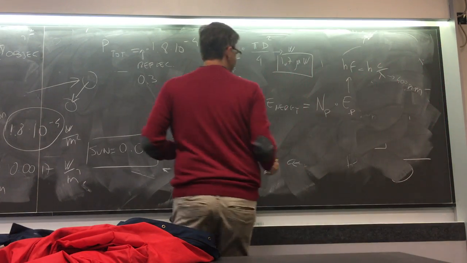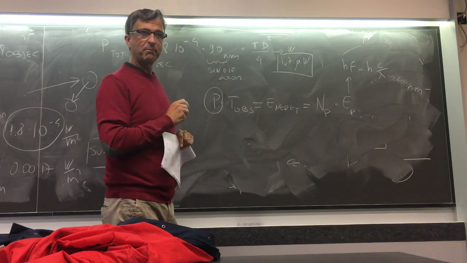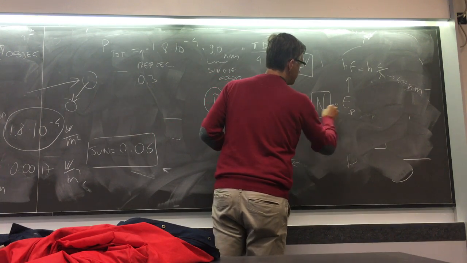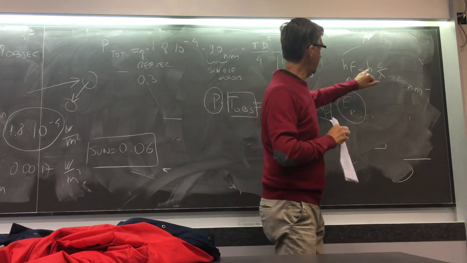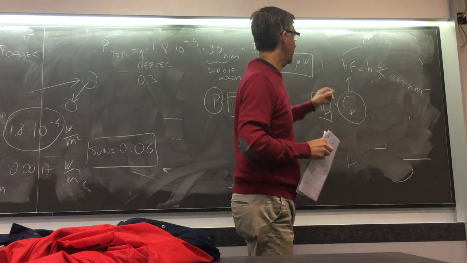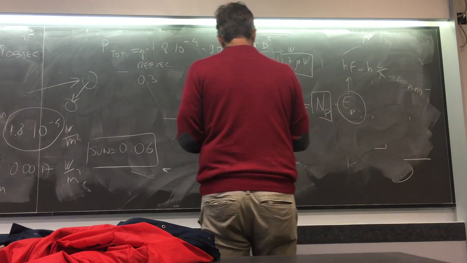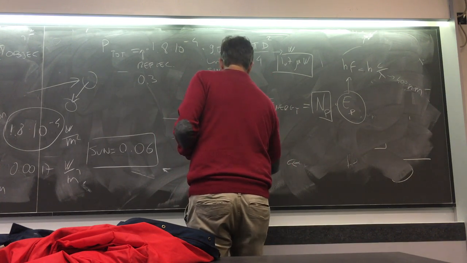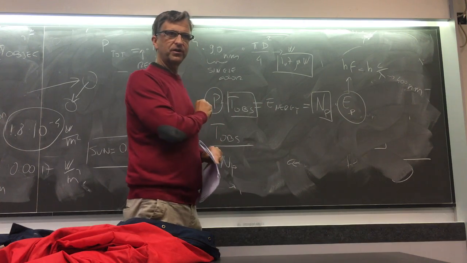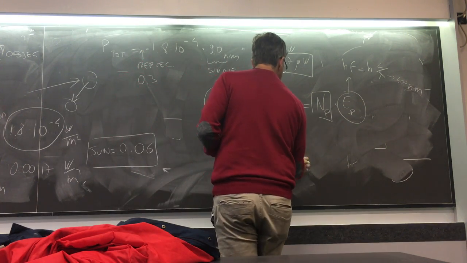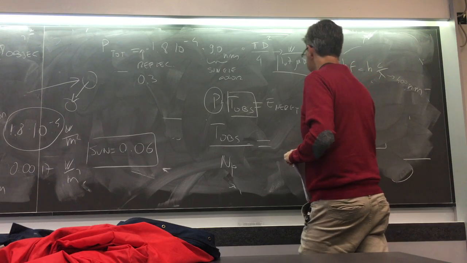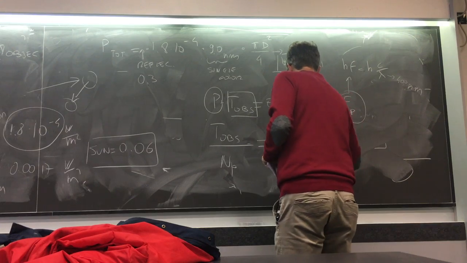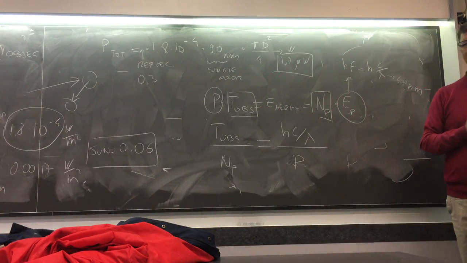And then this is a fixed number, because h, c, lambda are all constant, lambda is a number. So I can get this relationship. I put the observation time divided by the number of photons, okay? And this comes to be a number that is hc divided by lambda divided by the total power, okay?